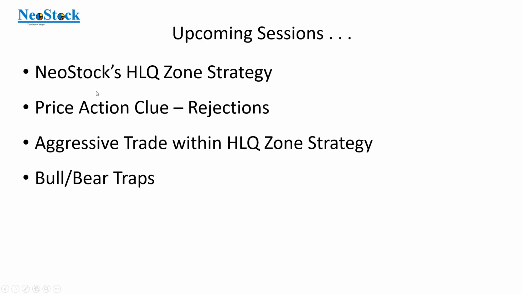And support resistance zones play a significant role in NeoStock's high liquidity zone strategy. That is what you need to observe. So this is the next topic and a very important topic. And this topic will help you get up to 80% success rate. Not up to, more than 80% success rate.